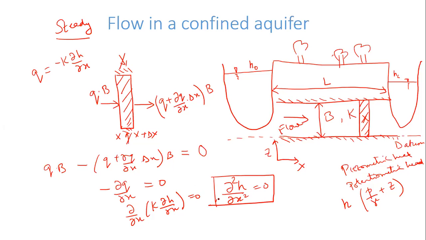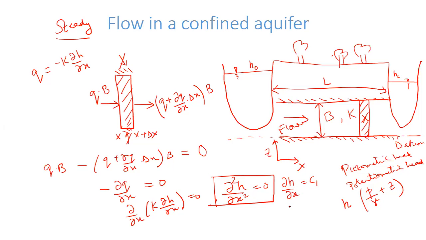This is the expression for how the head varies in this aquifer as a function of distance x along the aquifer. Now, clearly you can solve this equation very easily. Not at all difficult. You integrate this equation once. Sorry, what is it? Integrate or differentiate? Integrate. Yeah. So you'll get ∂H/∂x equal to C1.